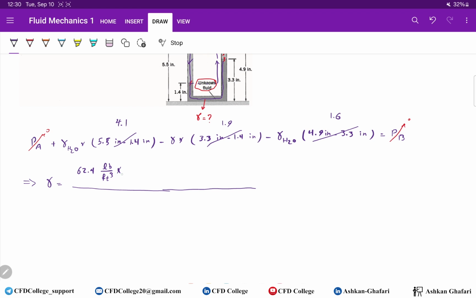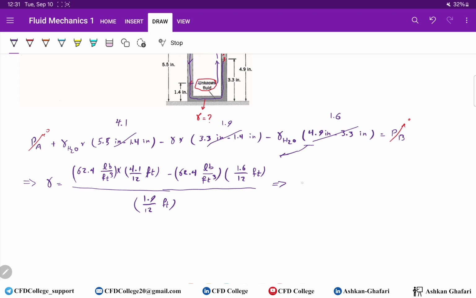So this should be multiplied by 4.1 divided by 12 feet, minus 62.4 pounds per cubic feet times 1.6 divided by 12 feet, and in the denominator we have 1.9 divided by 12 feet.